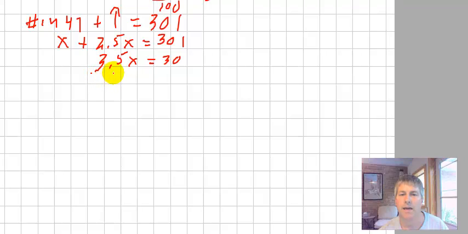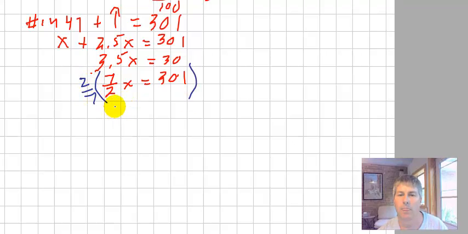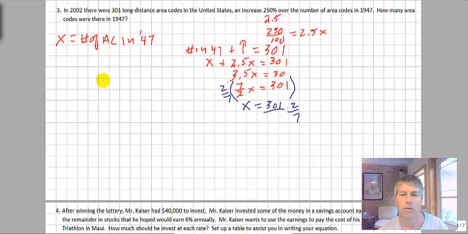I'm going to make that 7/2 x equals 301. And now I'm going to multiply both sides by the reciprocal of 7/2, or 2/7. So you get x equals 301 times 2/7. So I'm going to move my work over here to the right.